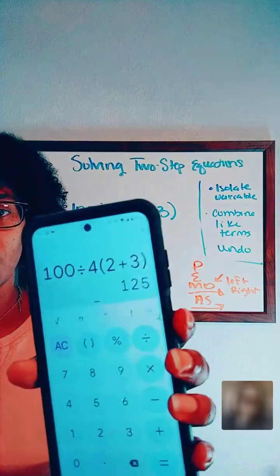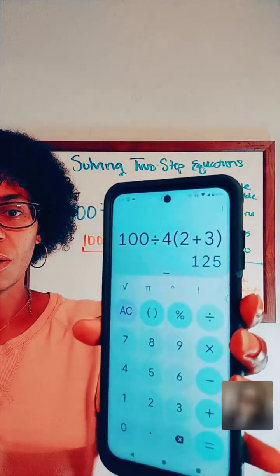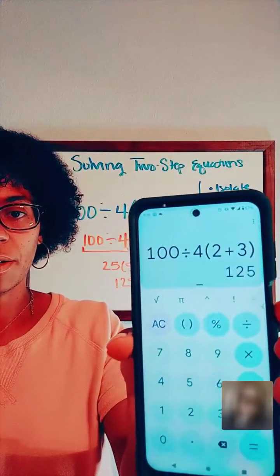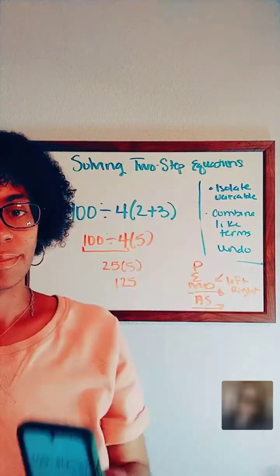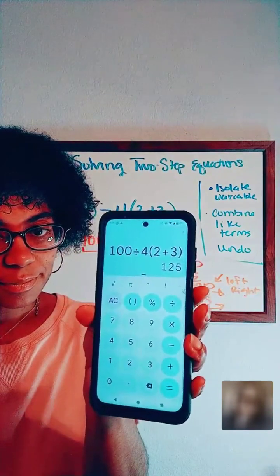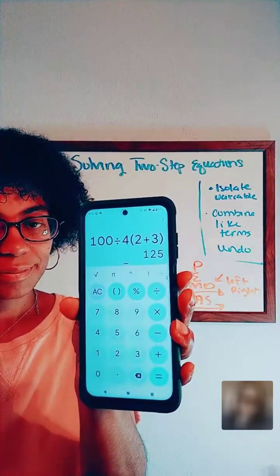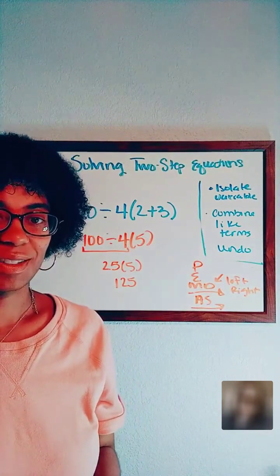Look what my phone says. So why is everybody arguing? The calculator says 125. So that's the end. Why is everybody confused?